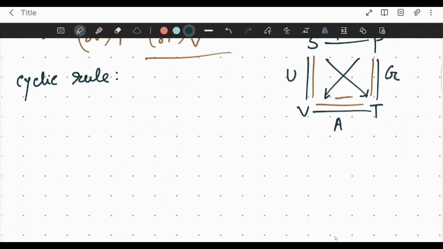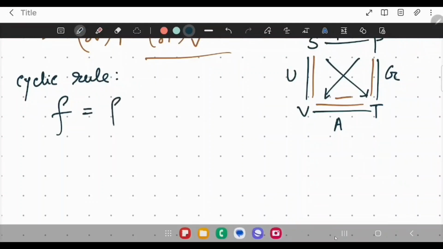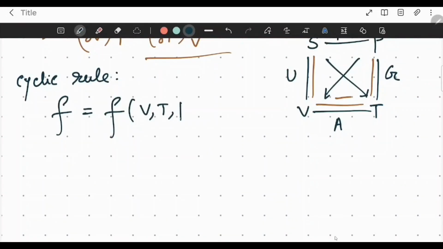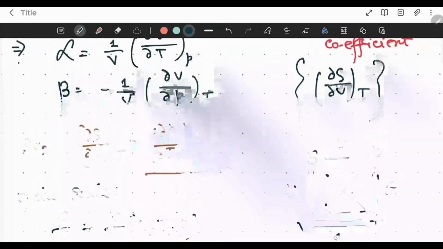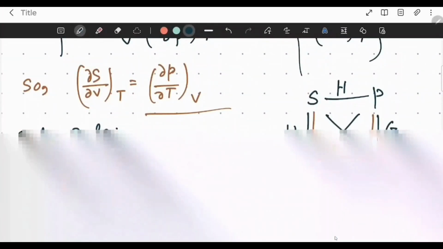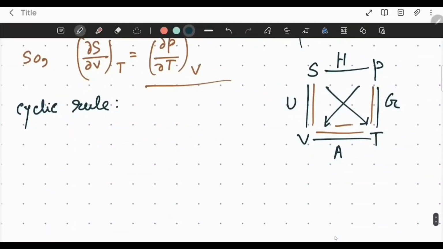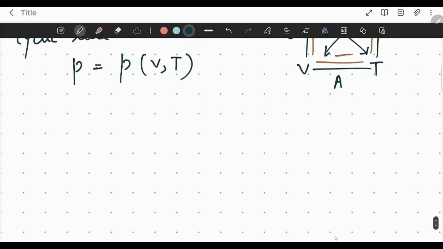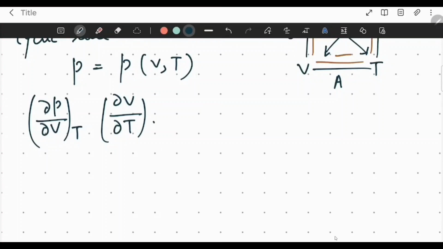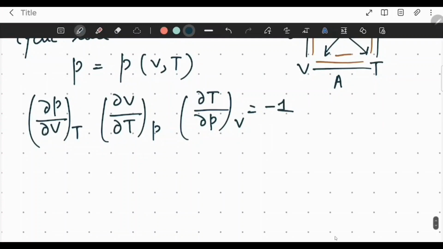Let's say a function which is a function of V, T and P. Or let's say P, which is a function of V and T. If you think like this, then you can write del P del V at T into del V del T at P into del T del P at V equals minus 1.